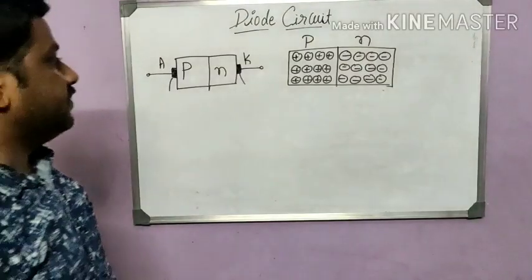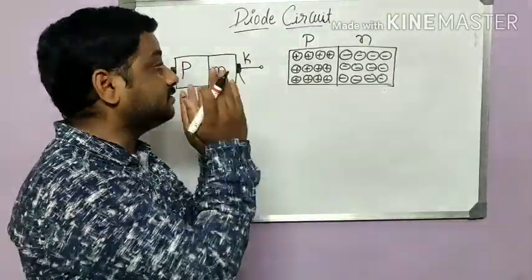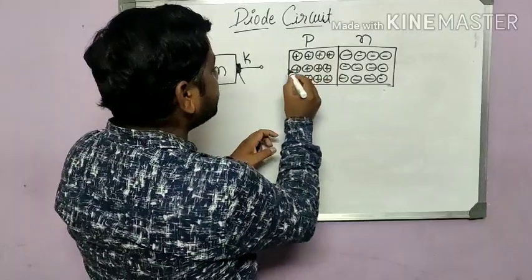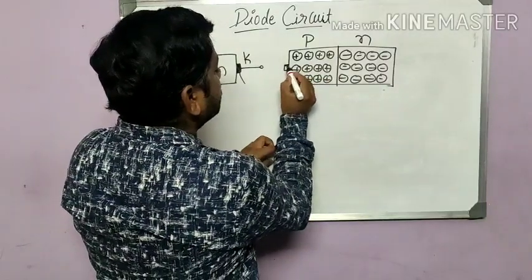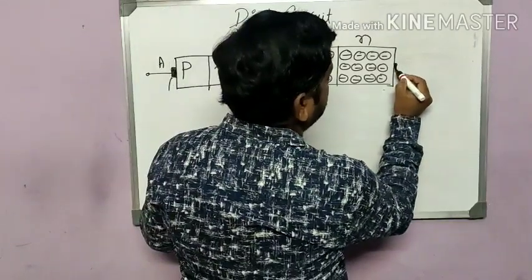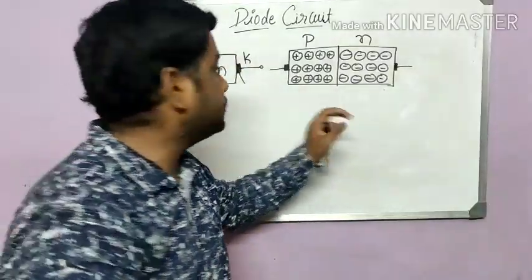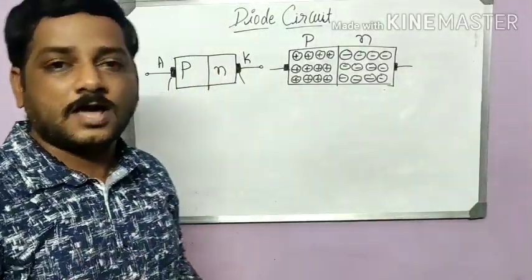Now if you don't give any supply, let's understand what's going to happen in this PN junction. Say this is an ohmic contact and there is an electrode here. This is an ohmic contact, there is an electrode, and assume that we have not given any supply to this PN junction. Then what happens here?